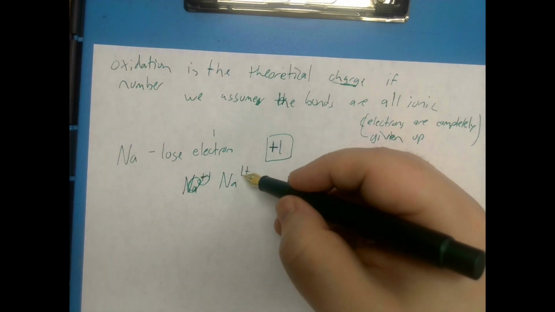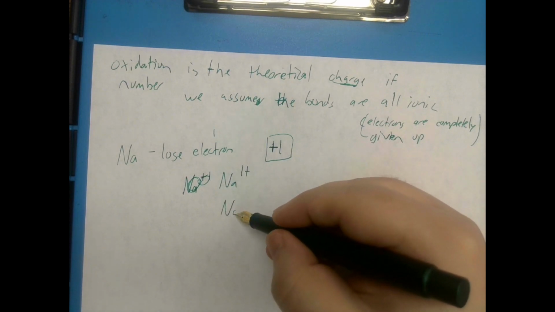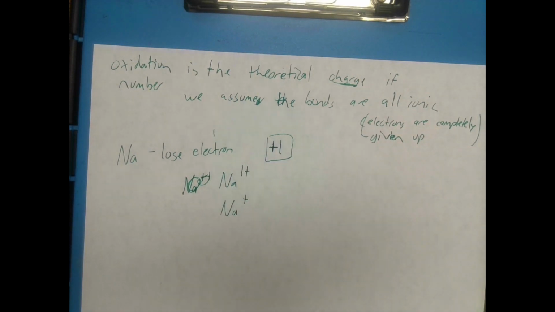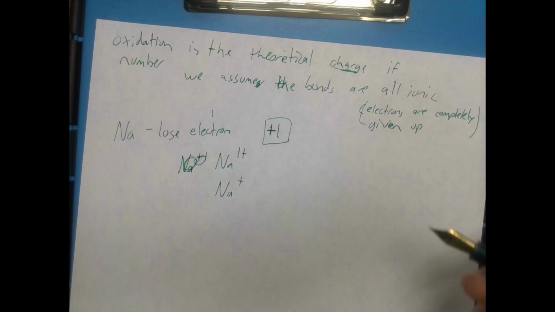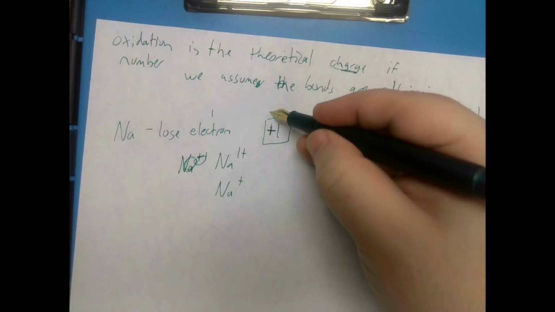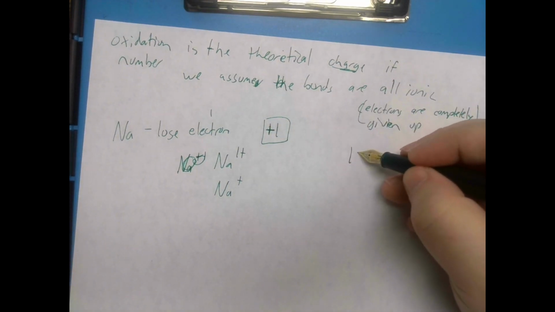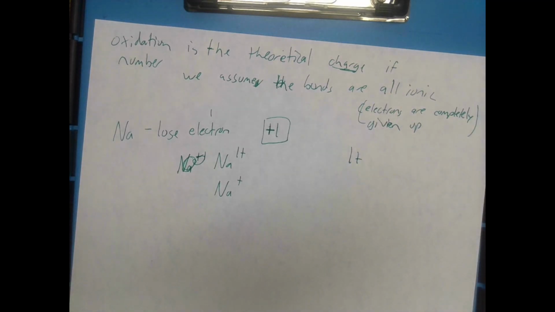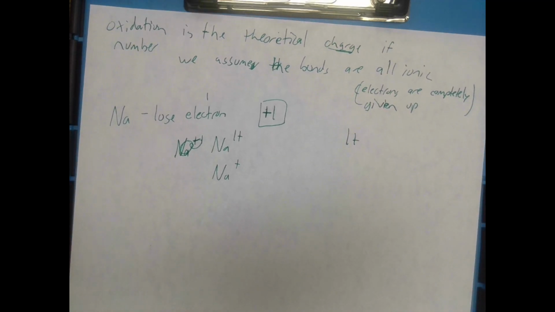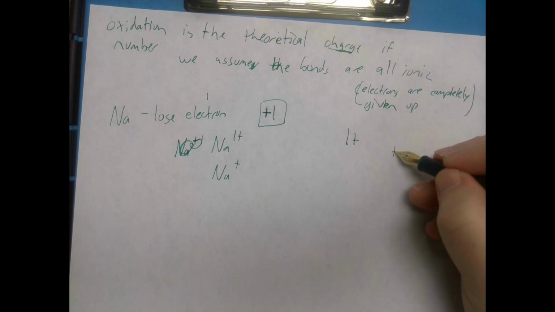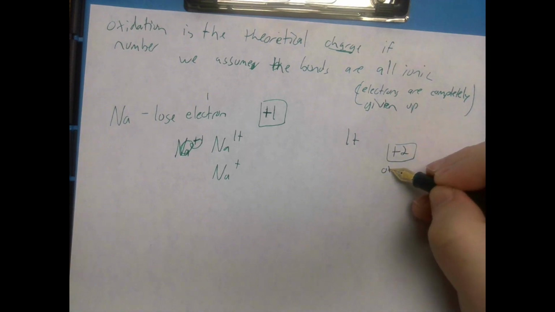But we often omit the ones in these, so we write it as Na plus. So oxidation numbers, the plus sign is before. For charges, the plus sign would be after. So like 2 plus. Yeah, so +2 is how we would write the oxidation number.